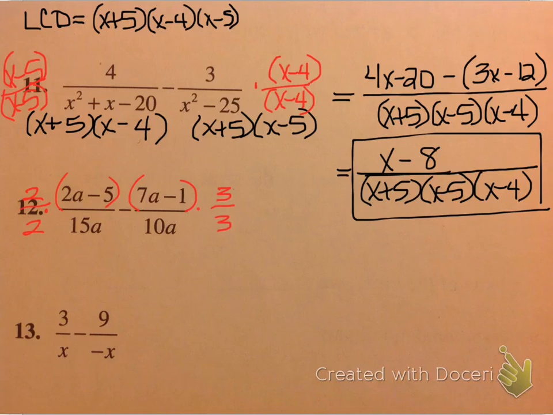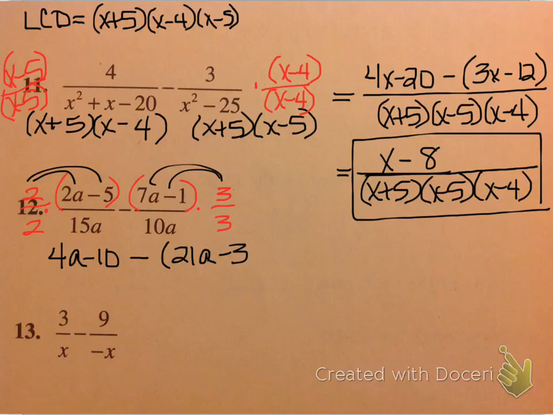So now let's simplify. I'm going to have 2 times 2a minus 5, which is 4a minus 10, minus, take my 3 times 7a, so 21a minus 3, all over my denominator of 30a.